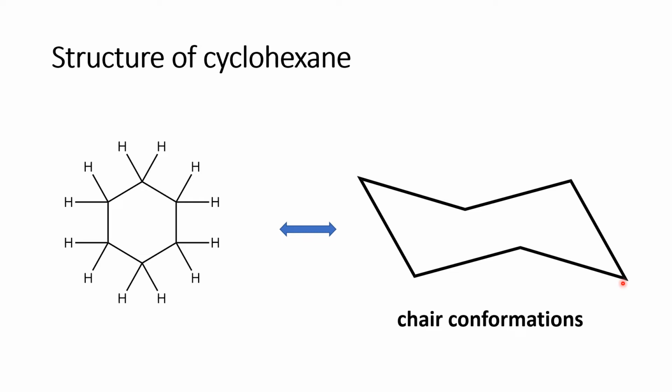When cyclohexane adopts this chair conformation, it is more stable, because all the hydrogens will be in a staggered position and they will not be eclipsed with each other, and therefore no strain. That is why the chair conformation is the most stable among all the conformations.